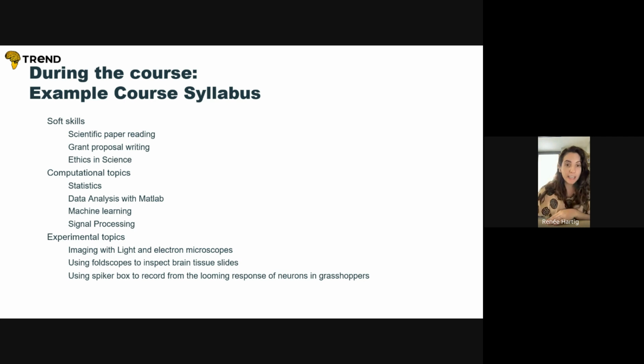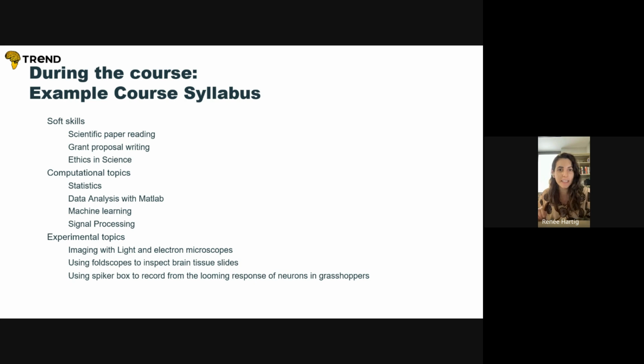So essentially, at the end of the day, we developed a course syllabus hand in hand with our local partners and our team, and we said, okay, we're going to incorporate soft skill components, and we're also going to incorporate some of these more experimental and computational skills in a framework of neuroscience.